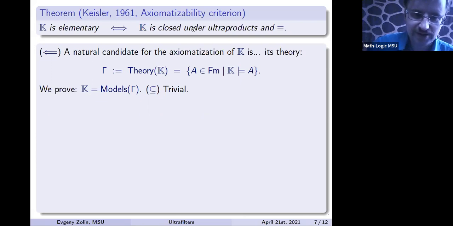We don't need these assumptions of our theorem. For any class K, if we take its theory, then its models, we of course obtain all models from K and possibly some other models. For example, if K is just one group, we take all laws that are true for this particular group. It's the theory of this group.